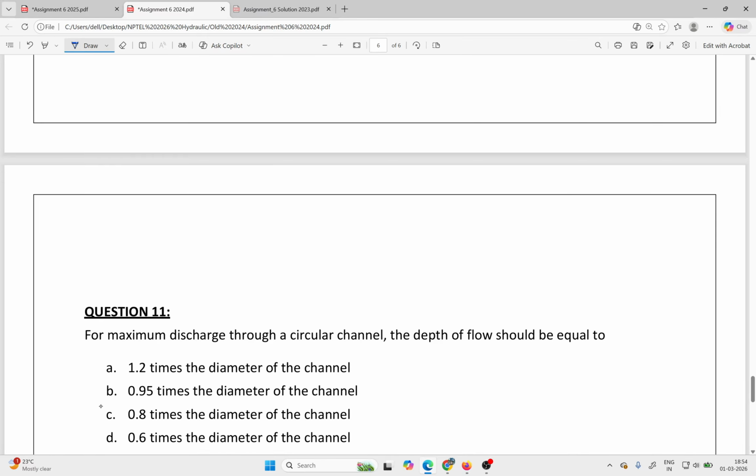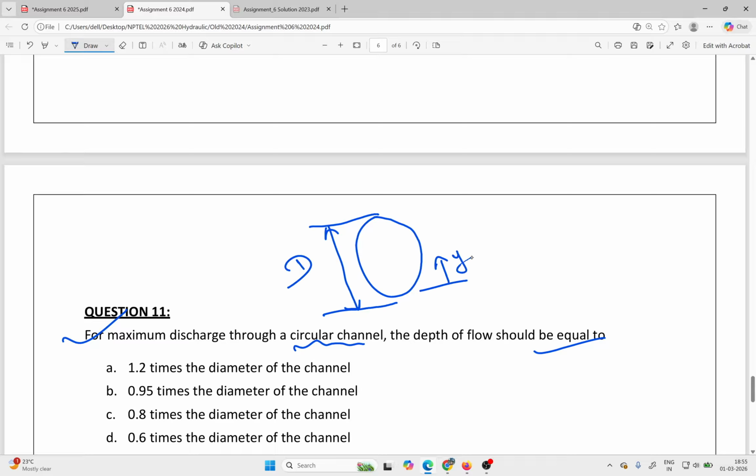Yes. The maximum discharge through a circular channel, this is a new question. The depth of flow should be equal to. This is your diameter, and this is your y increasing in this direction.